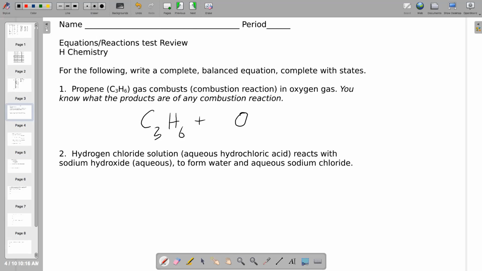It reacts with oxygen. And then the products of combustion are CO2 and H2O. And you ought to throw states on there. It says propene gas. Propene is a gas, so you put G for gas. Oxygen is a gas, and oxygen is diatomic, so it's got to be O2. And the products of combustion include CO2, usually, and H2O.